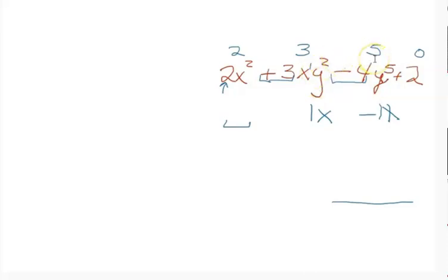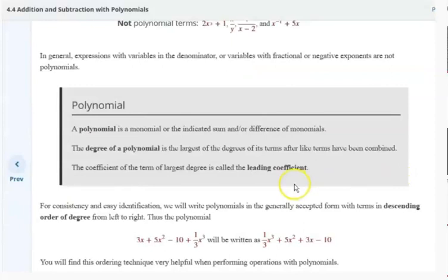So that would be 5. Now you wouldn't add up all the different terms. It's just the degree of the highest single term that is the degree of the expression. All right, let's get back to our lesson as we move along.